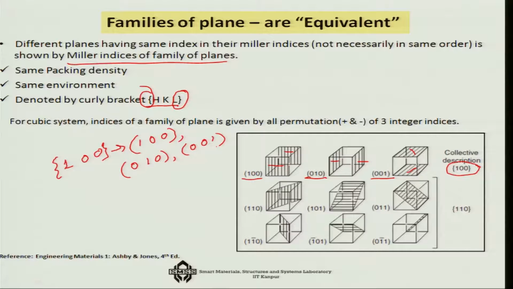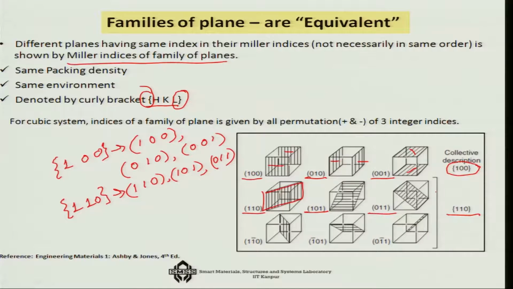Suppose we consider this particular plane which contains the diagonal direction. This is actually the 1 1 0 plane. The other diagonal plane is 1 0 1 and the other one is 0 1 1. Again the family is called 1 1 0, that means I can get 1 1 0 of course, and then 1 0 1 and 0 1 1.